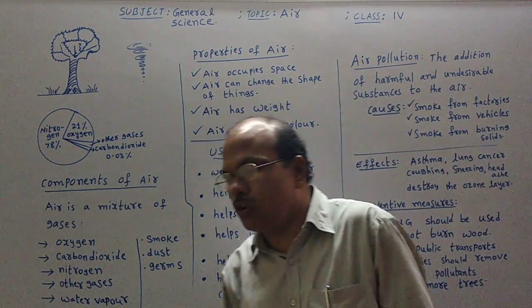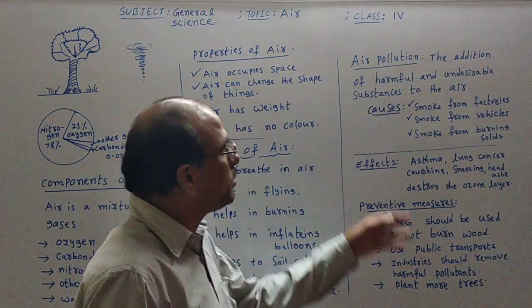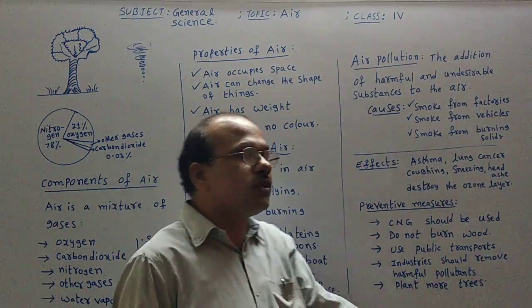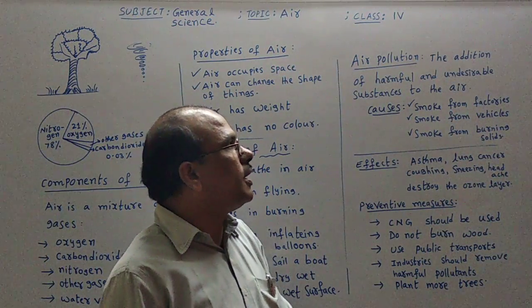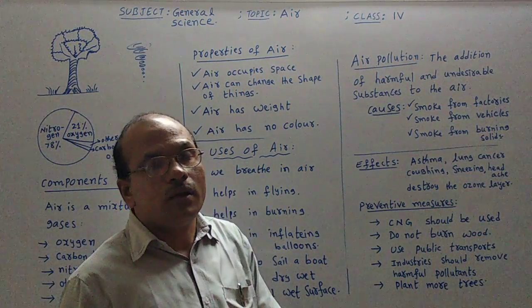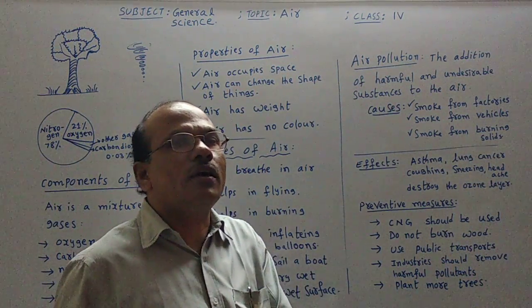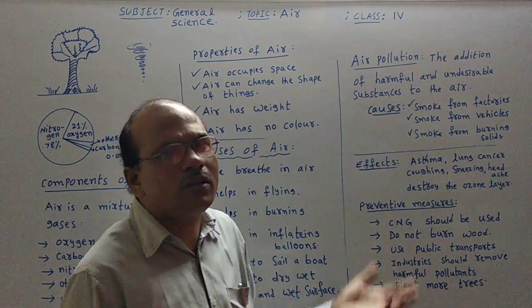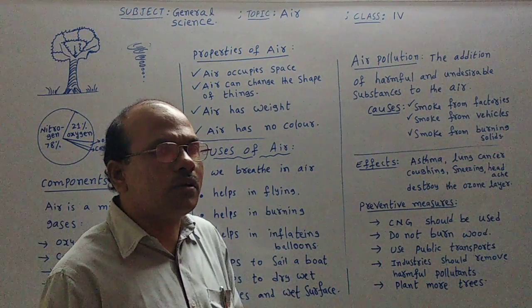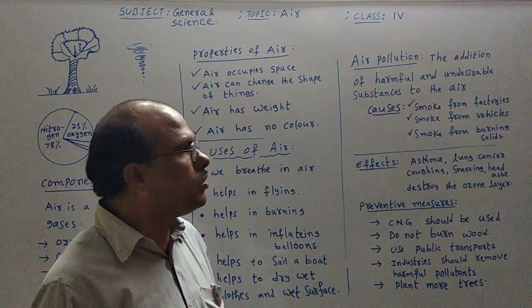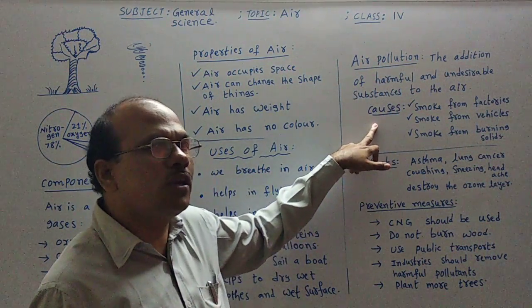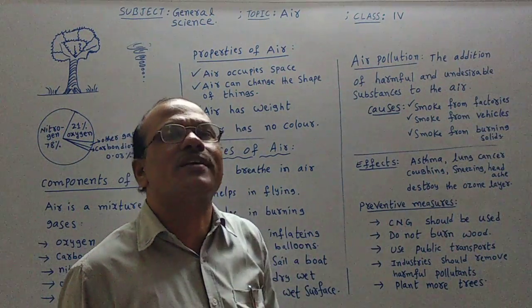We will go to air pollution. Air pollution is nothing but the addition of harmful and undesirable substances to the air. Only when the air is mixed with all these things does it cause air pollution. So the first cause of air pollution is smoke released from the factories.